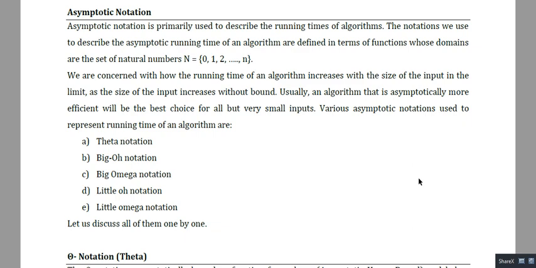So in this lecture we will see how to represent the time complexity of algorithms using certain notations. So this lecture 2 is all about asymptotic notation.